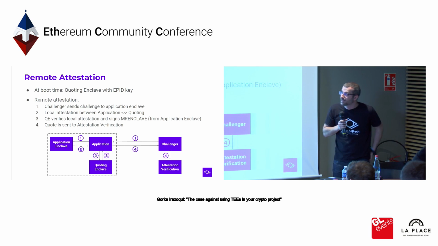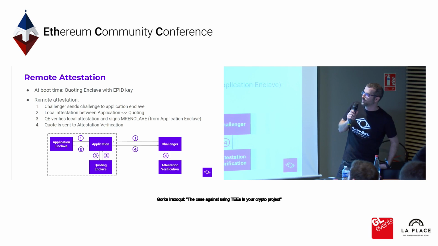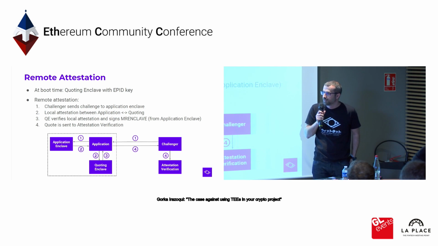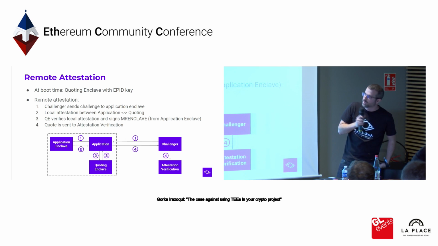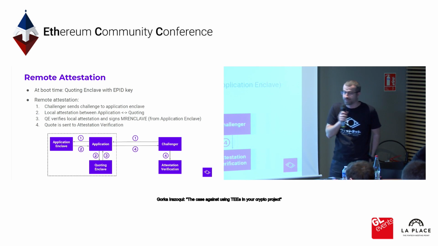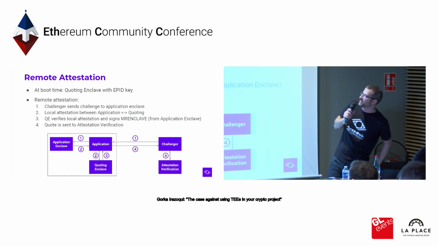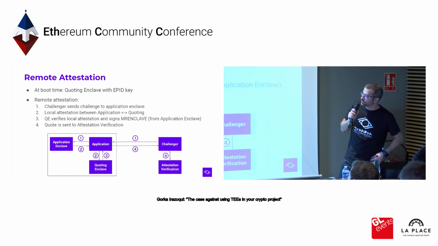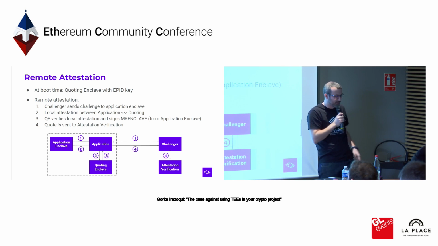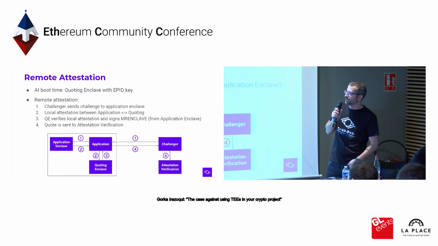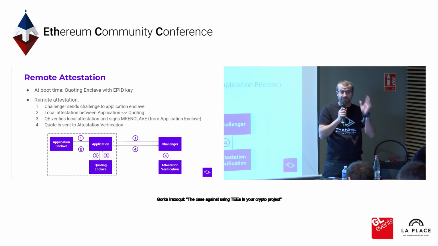Then the next one is the remote attestation. It's similar, but here it's using a special enclave called the quoting enclave in the case of Intel. In this case, this enclave uses an asymmetric key that's issued by Intel. It's called the EPID key. And the flow is similar in the way that there is a challenge-response. Imagine we have a challenger that is outside of a platform and wants to verify that some application enclave is running on specific hardware.